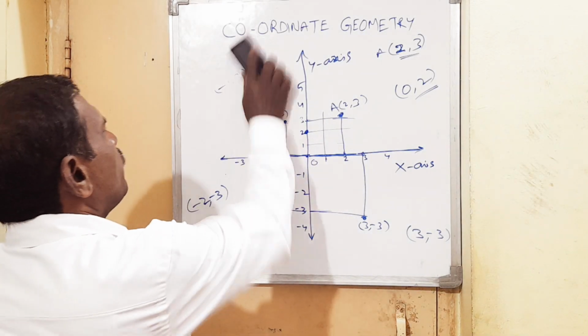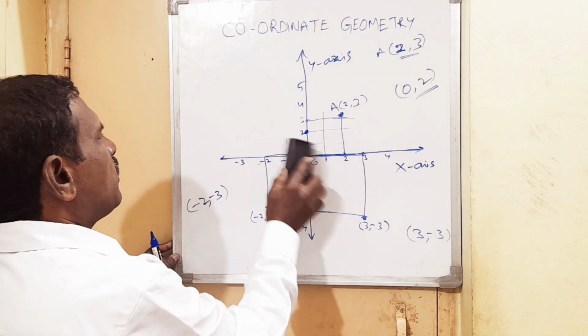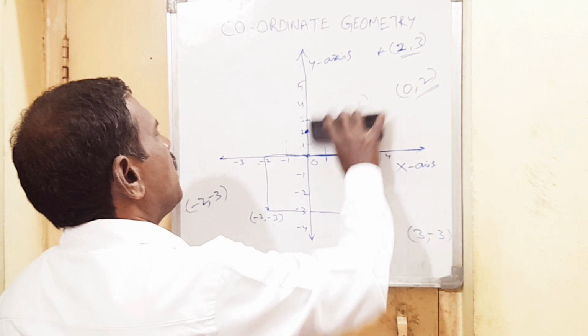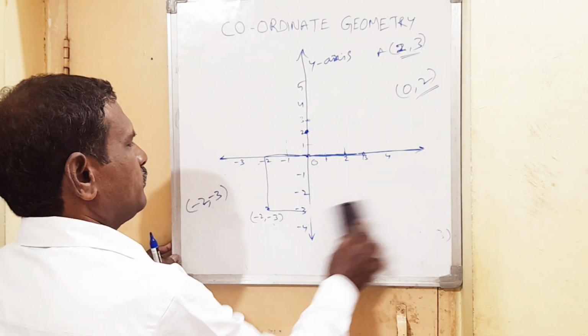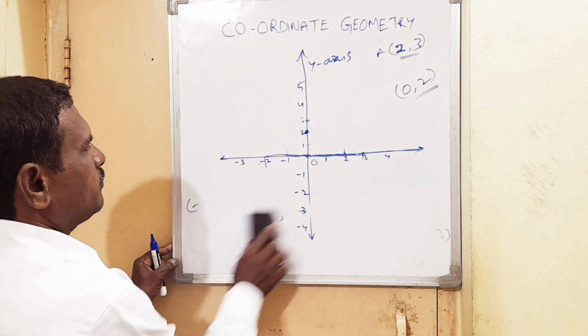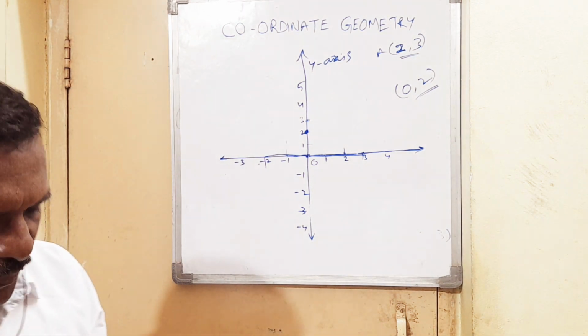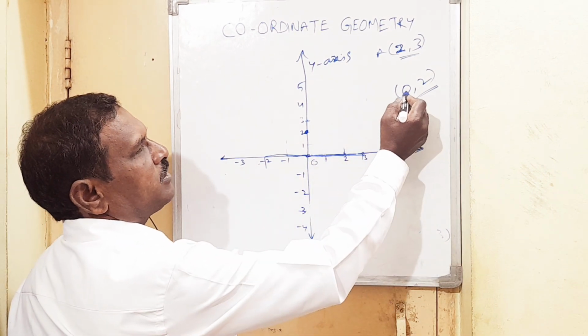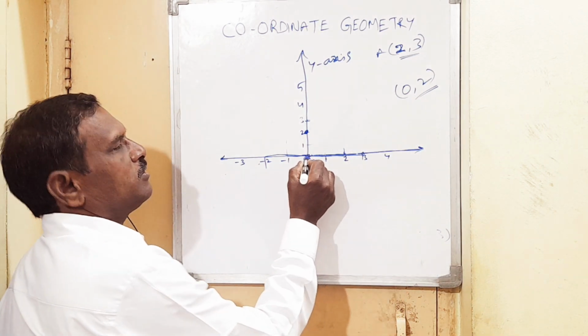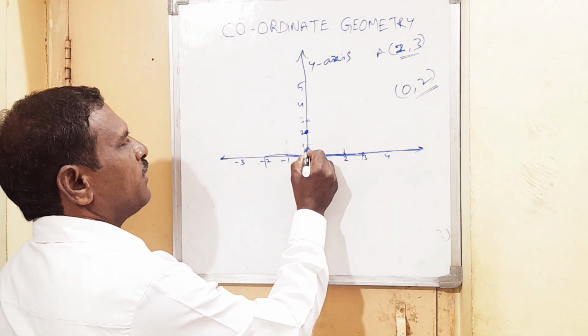If you see carefully, where is the point (0, 2) located? We started from here and we are moving 0 units, so we are staying there only, and from there on the y-axis 2.